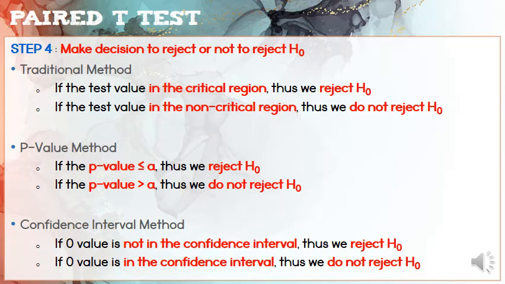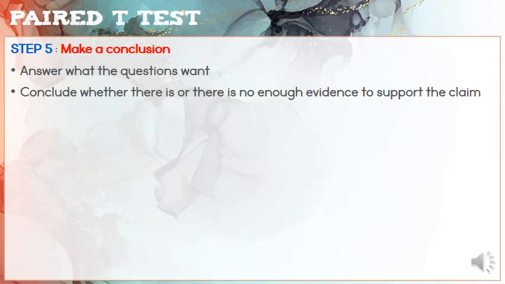And for confidence interval method, if 0 is not in the confidence interval, we reject our H0. If 0 is in the confidence interval, we do not reject our H0. Make your conclusion. So you have to answer what the question wants and conclude whether there is or there is not enough evidence to support the claim stated in the question.